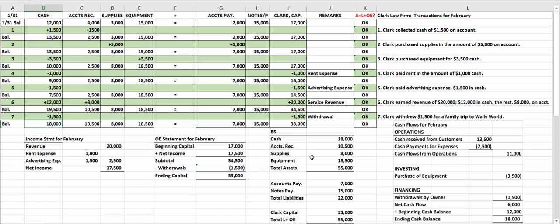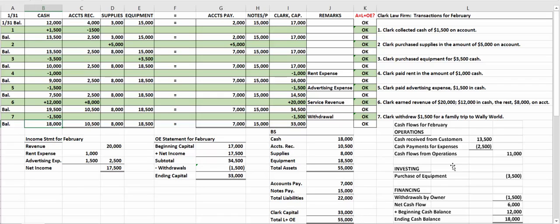Accounts payable $7,000, notes payable $15,000 for a total liabilities amount of $22,000. We know the assets equal the liabilities plus the owner's equity, so $55,000 in the assets is equal to $22,000 in the liabilities plus the ending capital of $33,000. So these two figures must match the total assets and the total liabilities and owner's equity. And if they don't, something's wrong.